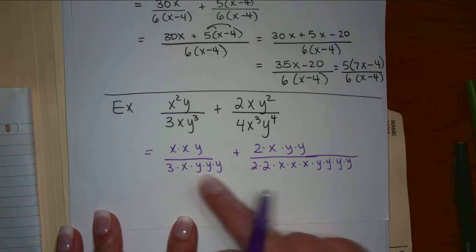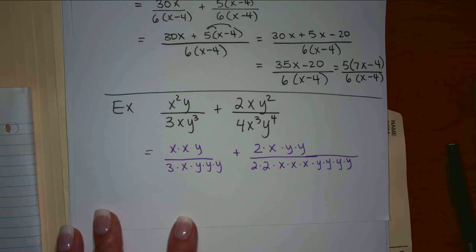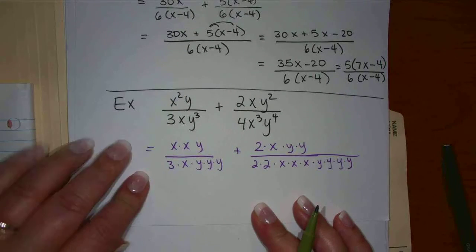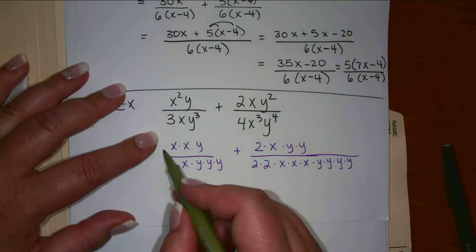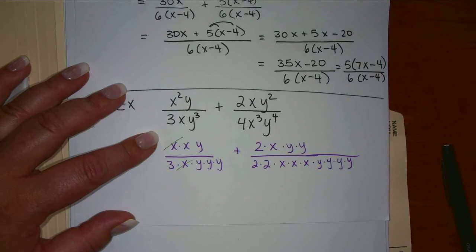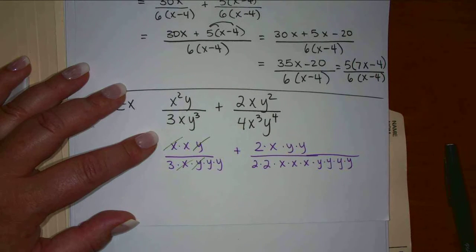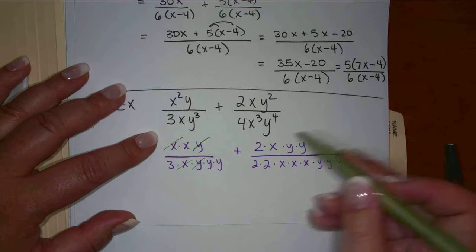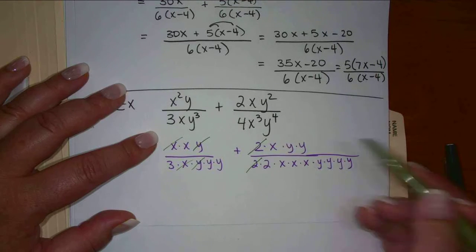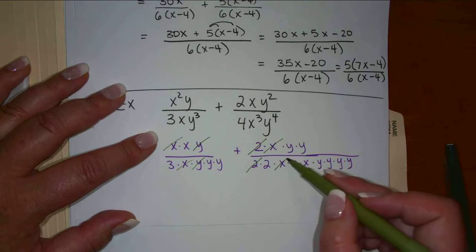So this is what we have. So let's cancel out what cancels. So cross them all off, anything that matches. So here we would have 1x that matches. And 1y. And let's do the same thing over here. So a 2 matches, an x, 2 y's.